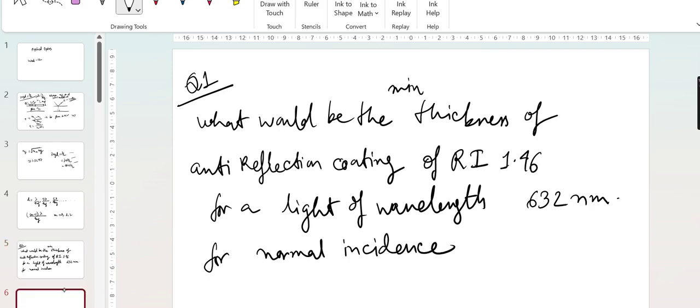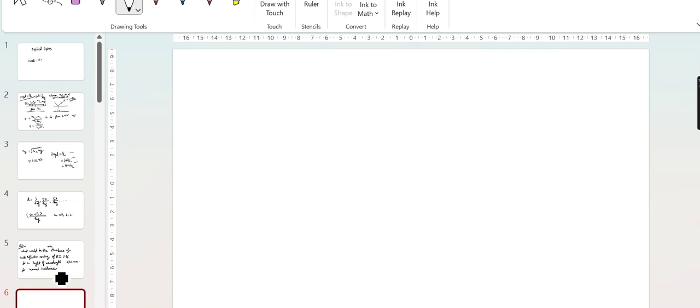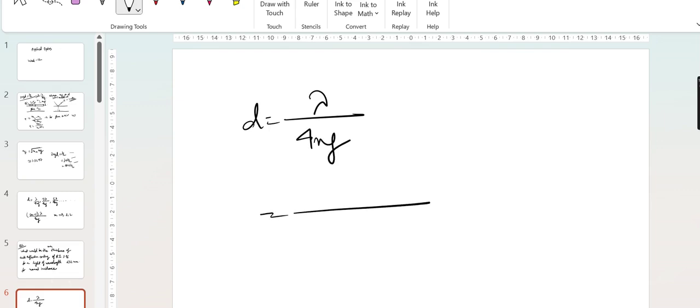So for that we know d is basically lambda by 4 n_f. Lambda is 632, here in nanometer, divided by 4 into 1.46.